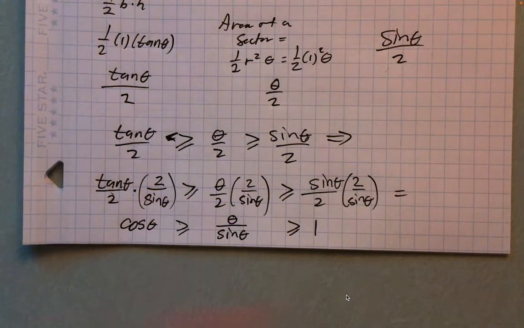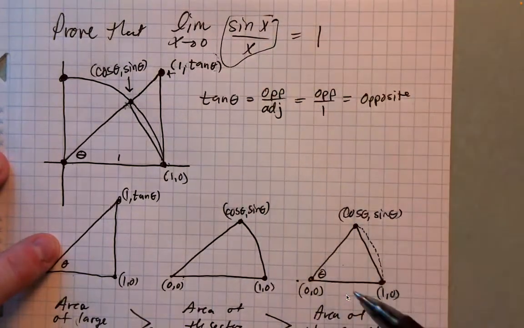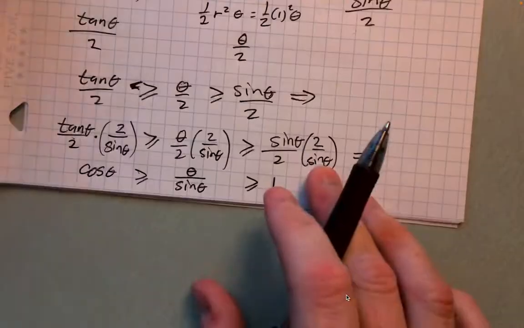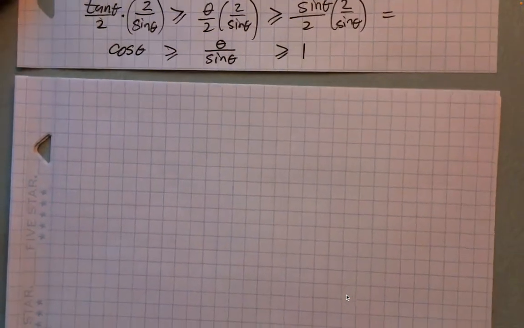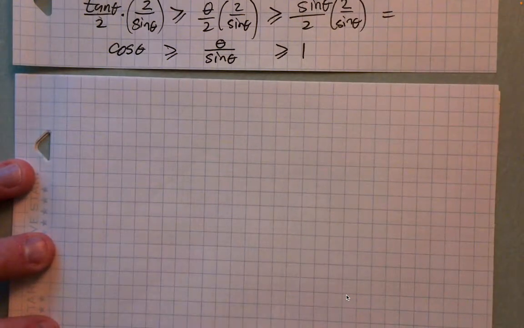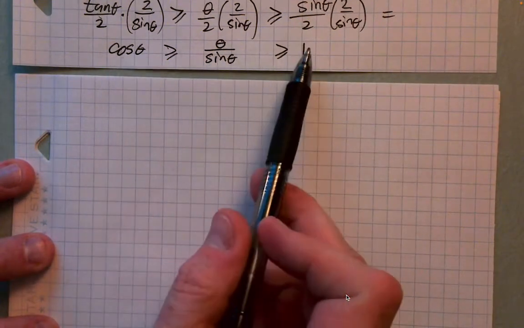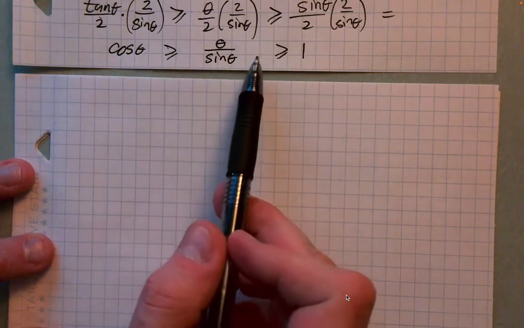So we're getting closer here. Remember, the function we're looking at is sine of x over x, and what we've got here is theta over sine theta. Well, this inequality can be flipped if we take the reciprocal of all of these things and reverse the inequalities.